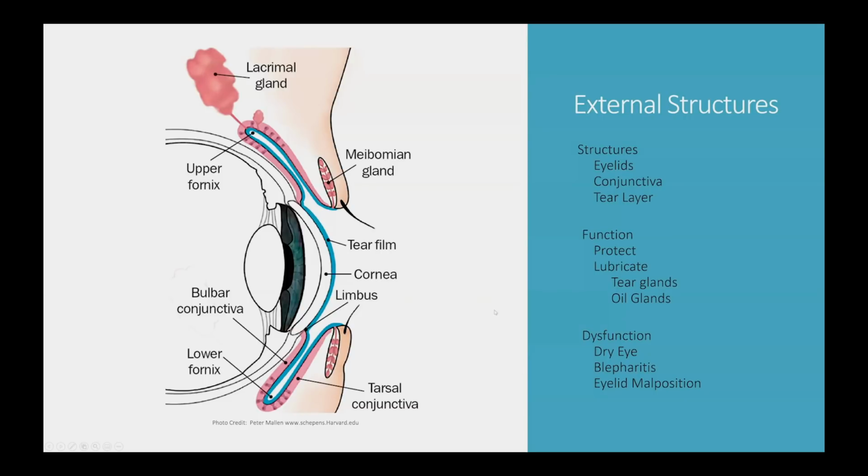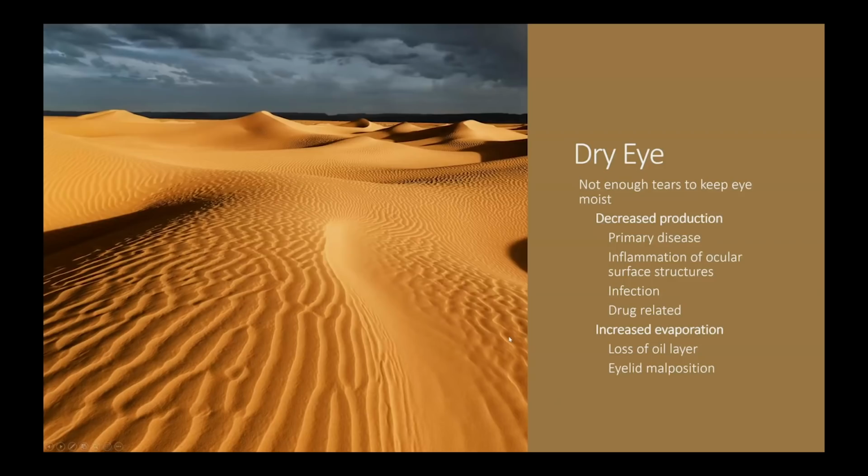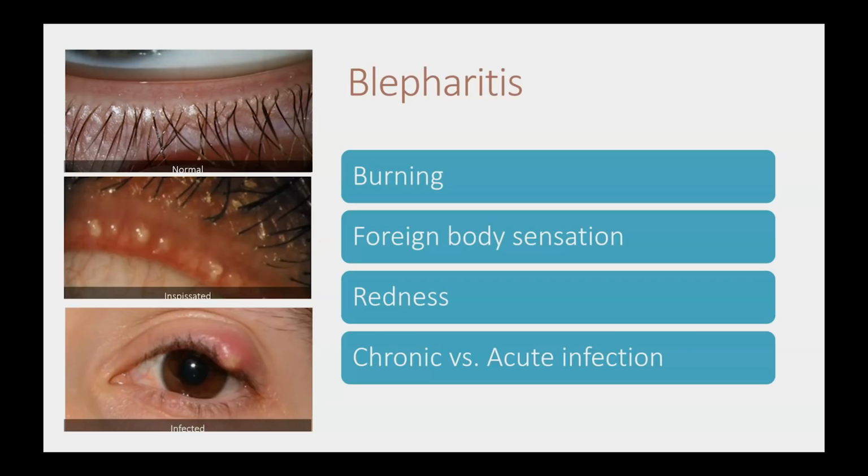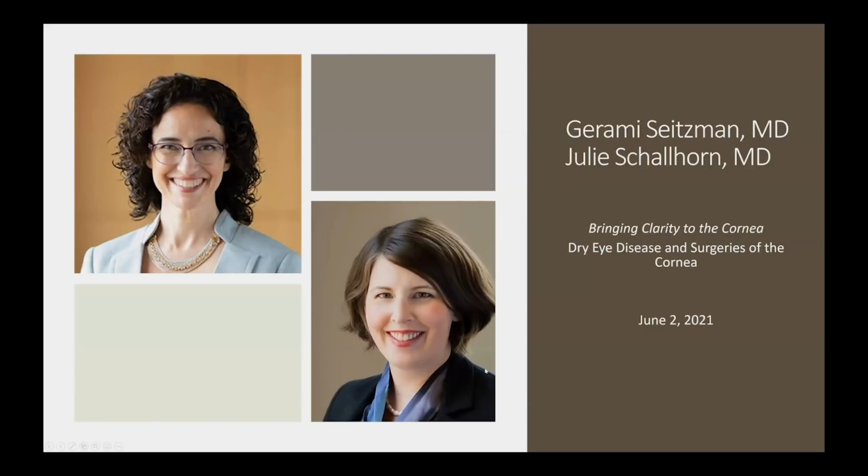When those tissues don't work, we have dysfunction such as dry eye, where there aren't enough tears and the eye doesn't stay properly lubricated, or blepharitis, where the oil glands of the eyelids don't work properly.